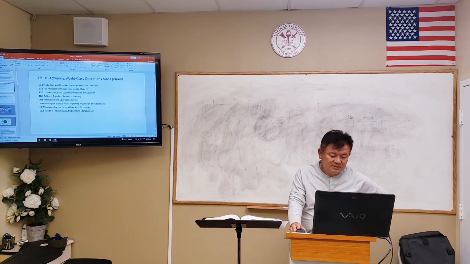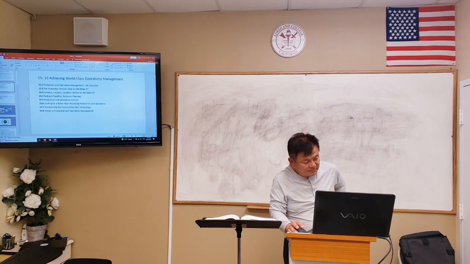The next is looking for a better way: improving production and operations. 10.7 is transforming the factory floor with technology. And 10.8 is key trends in production and operations management. Okay, this is chapter 10.